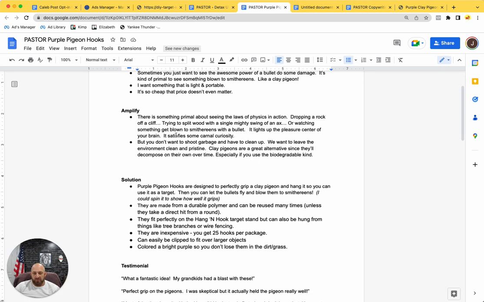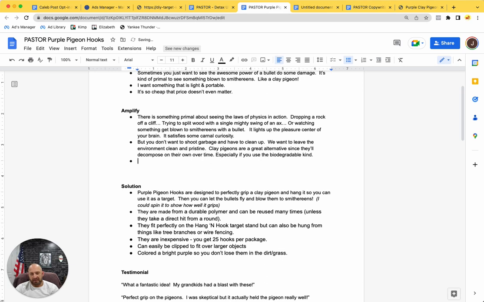They're light and portable. I should probably put in a section here about how they're way easier than lugging around steel targets that weigh as much as a tank, or whatever.